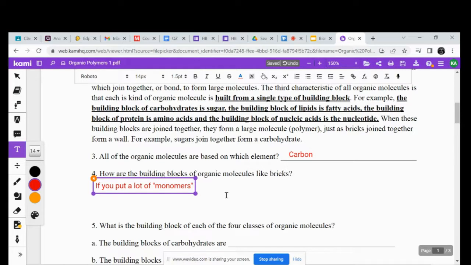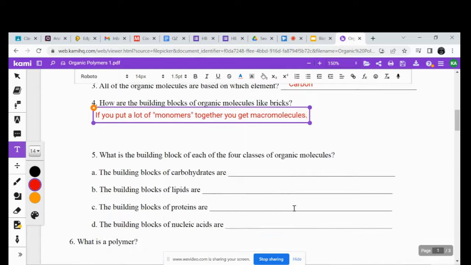So if you put a lot of the monomers, the small molecules, together, you get macromolecules. For example, the carbohydrate starch is a macromolecule. It's a very large molecule, and it's made up of smaller molecules called sugars. So you put a lot of sugars together, you bond them together with chemical bonds, you get carbohydrates.